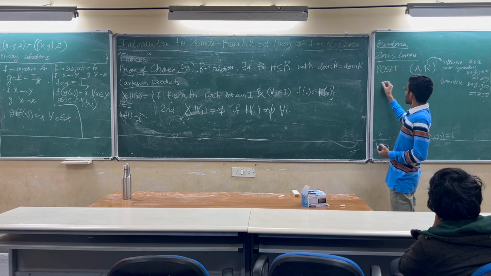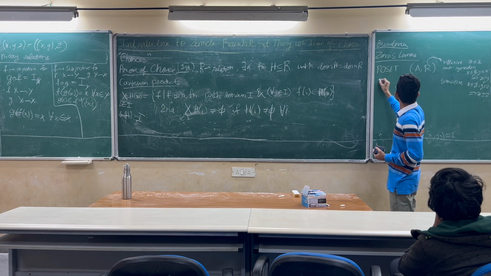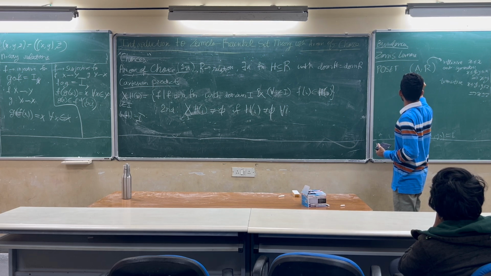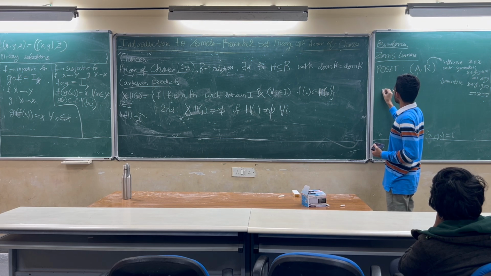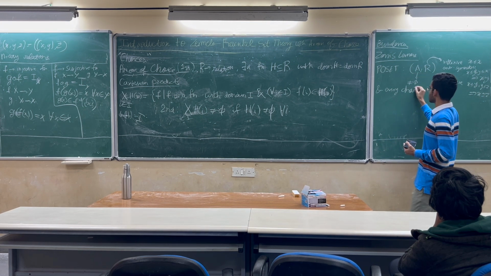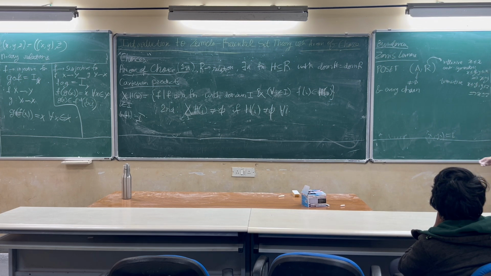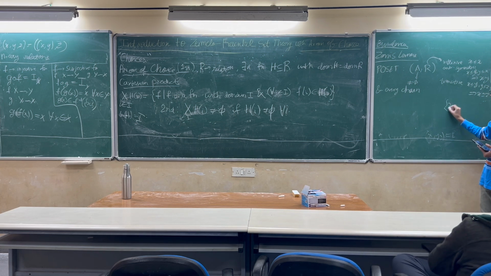And this Zorn's lemma tells us that if A is a non-empty poset and every chain has an upper bound, so a chain is basically a subset of the poset where any two elements can be compared. It's called partially ordered because there might be two elements such that neither x is comparable to y nor y is comparable to x. Like for example, we take these two as subsets of real numbers.